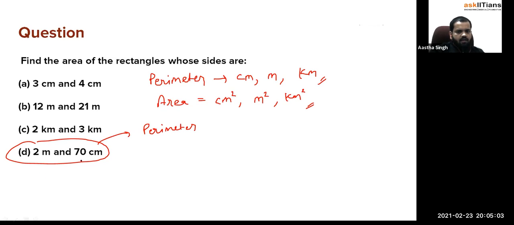Either convert 2 meter into centimeter. L and B should be in the same unit, right? So 2 meter will become 200 centimeter.